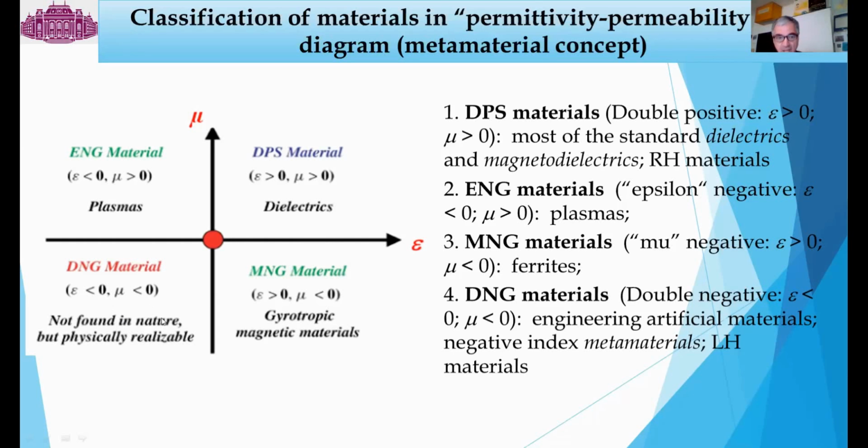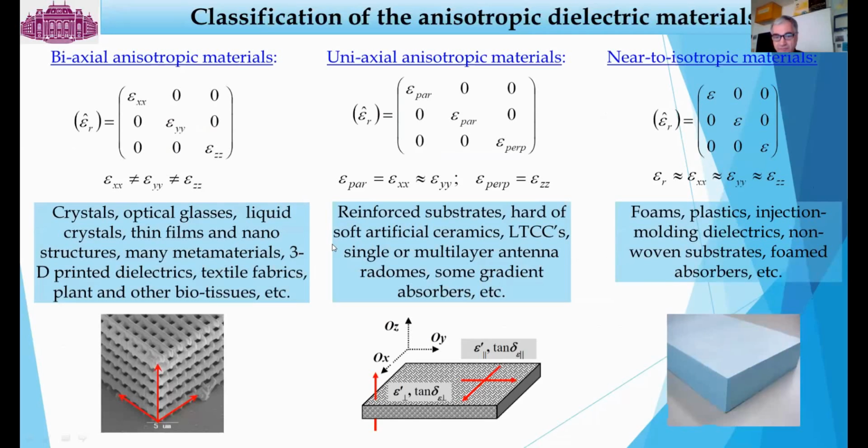We can measure all of them, but let's attract your attention to the so-called anisotropy, different dielectric parameters in different directions. For example, biaxial anisotropy, where the materials can be described with a diagonal tensor with three different diagonal values, different dielectric constant in different directions.